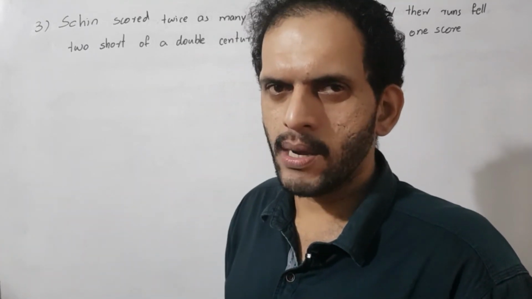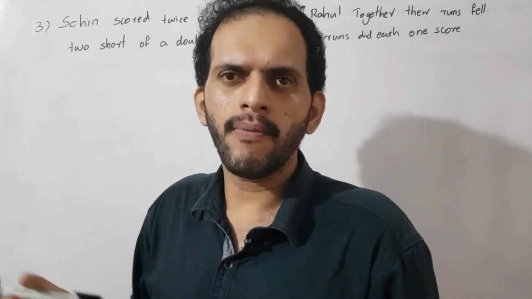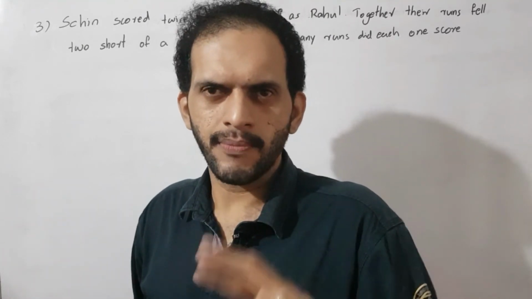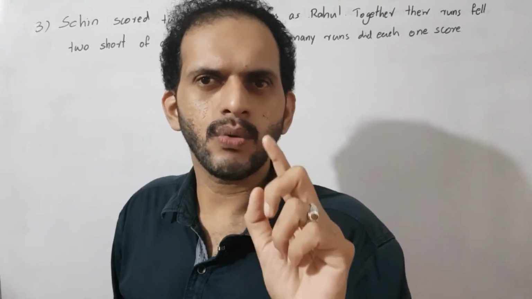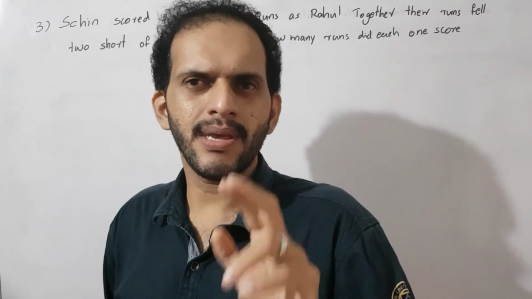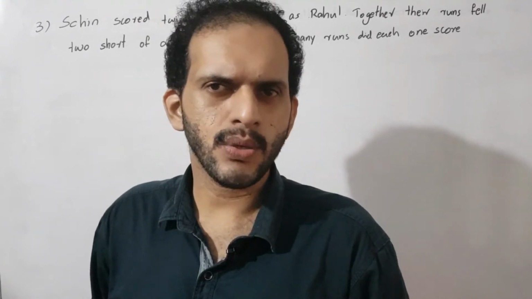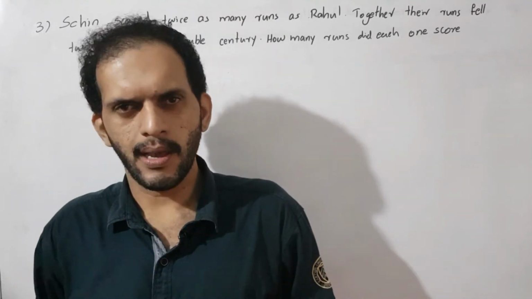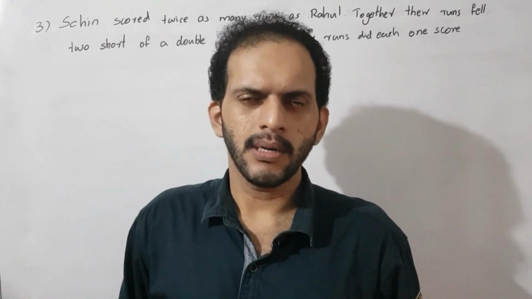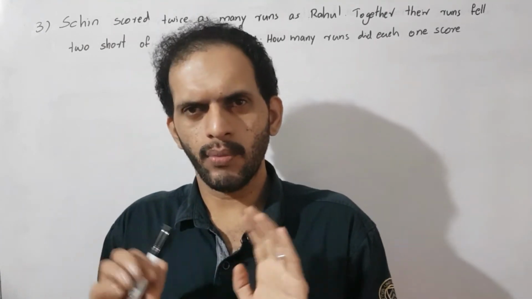The Sachin score is double the Rahul score. That means if we get the score of Rahul, then it is very easily possible to say the score of Sachin. Look at what was said: we are not told Sachin's score here.